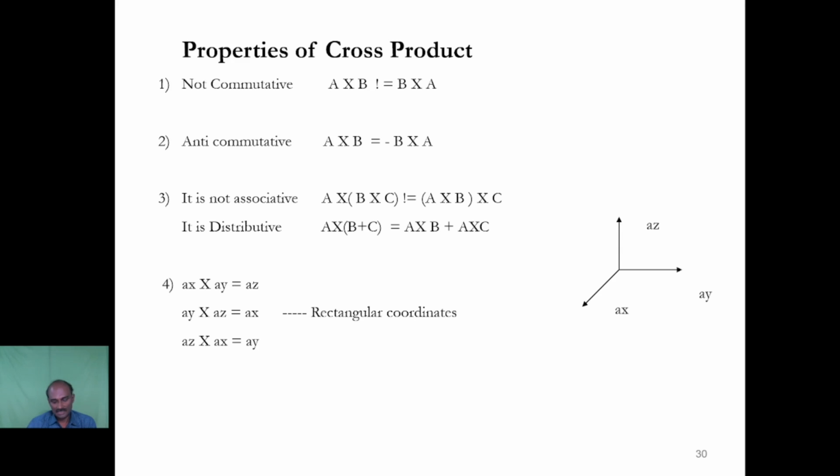Cross product is a vector quantity. The cross product is not commutative. A cross B is not equal to B cross A. It is anti-commutative. A cross B is equal to minus B cross A. It is not associative also, but it is distributive.